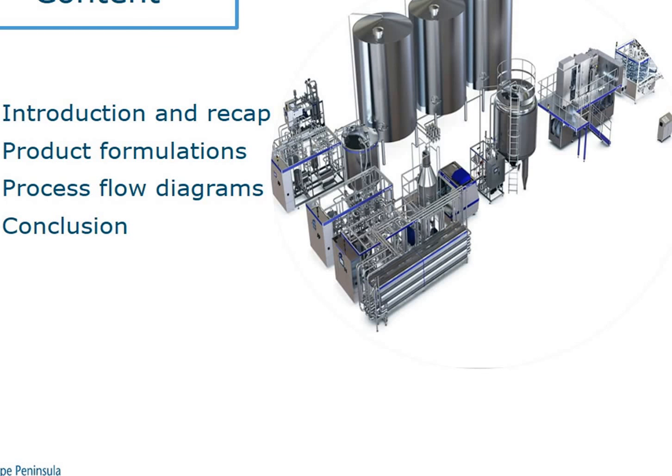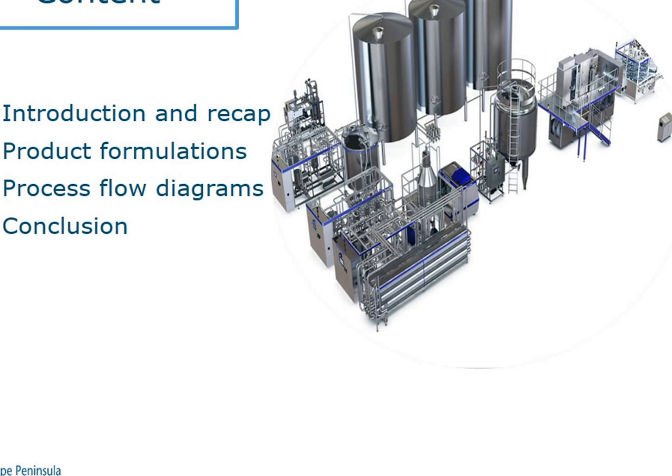Then in mini assignment 2, we tasked you to conduct an in-depth literature search on your given food product, and you were requested to provide a list of ingredients in a table format that can be used in the manufacture of your given food product.